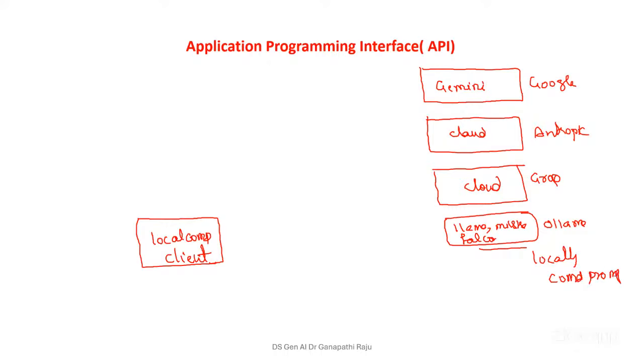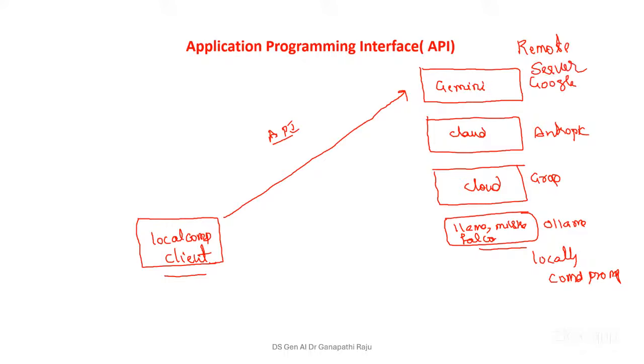Now, if you want to work with Gemini models from a local machine, first of all, you need to connect this local machine with the remote machine with the help of API calls. API stands for Application Program Interface, where a local computer can communicate with a remote server.